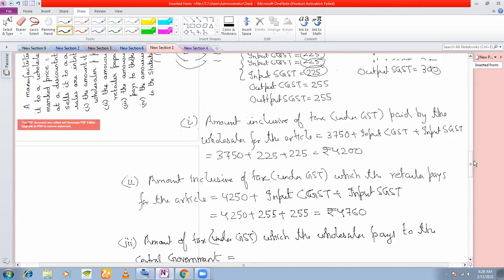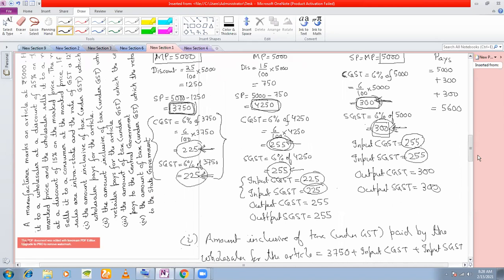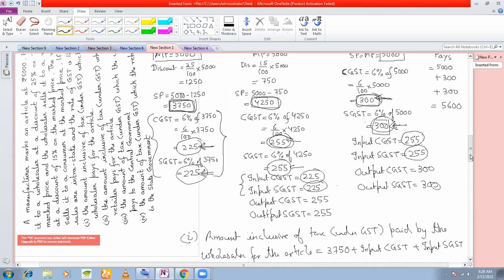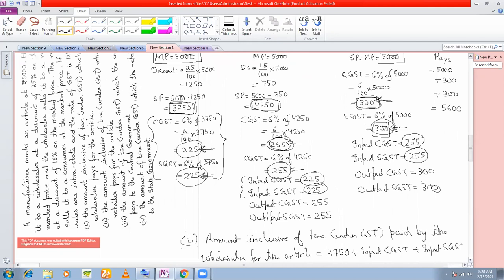Look here. The wholesaler is paying. We are required to find it for the central government. So what is his output CGST? Output CGST is 255. And what is the input CGST? 225. So the difference of these two, he's paying to the central government.